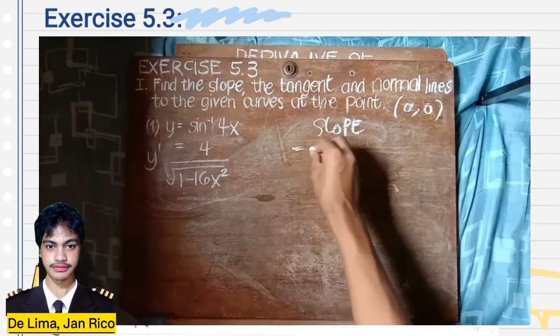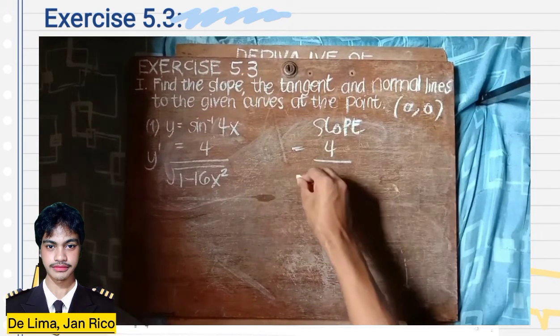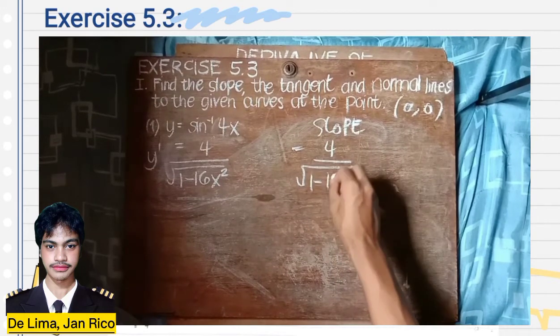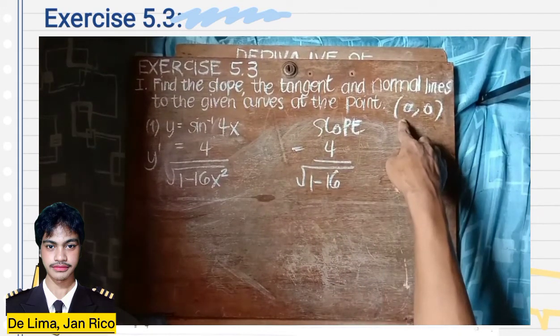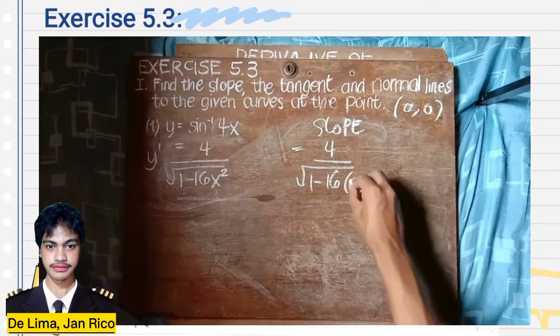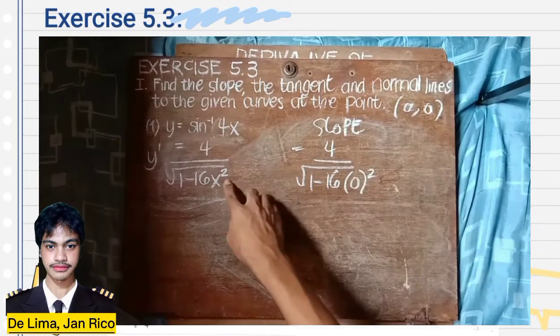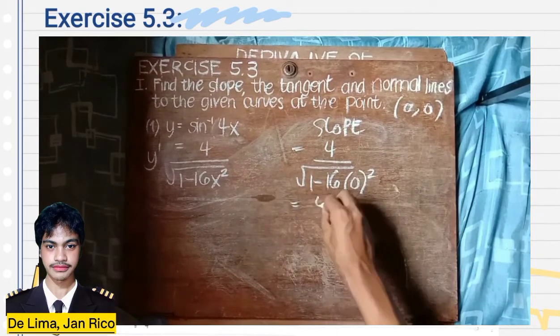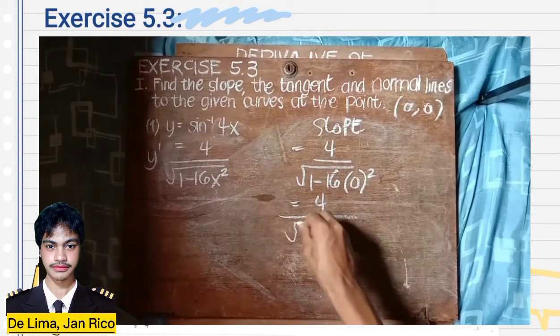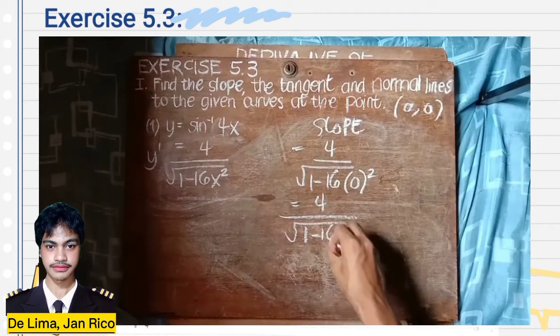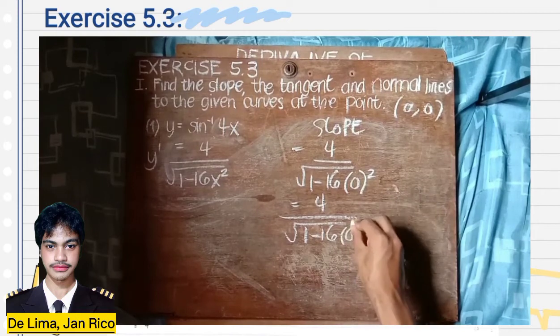So we substitute: 4 all over the square root of 1 minus 16 times the value of x, which is 0, squared. Which would be equal to 4 all over the square root of 1 minus 16, and 0 squared is equal to 0.